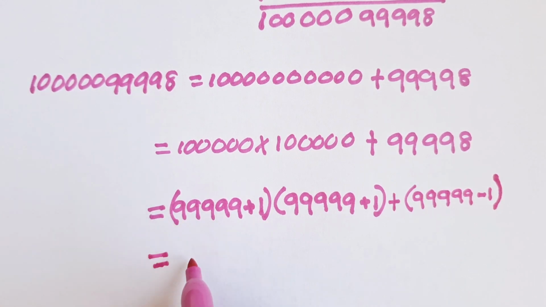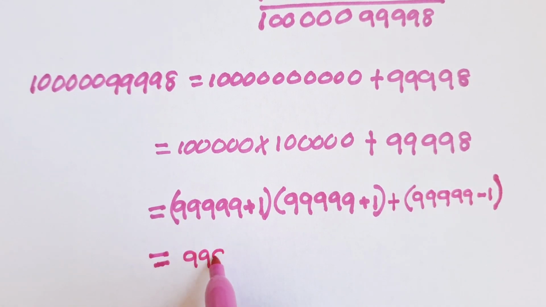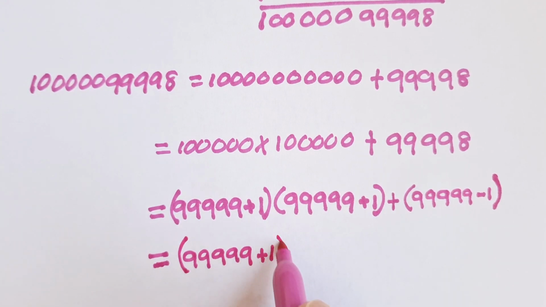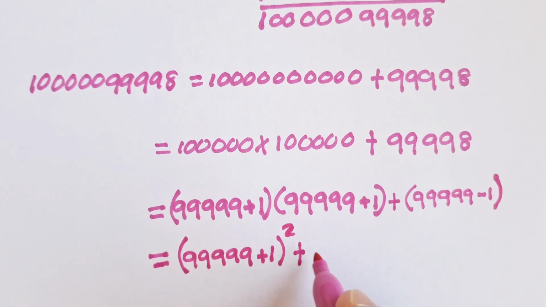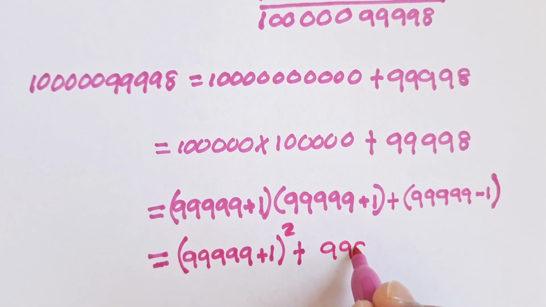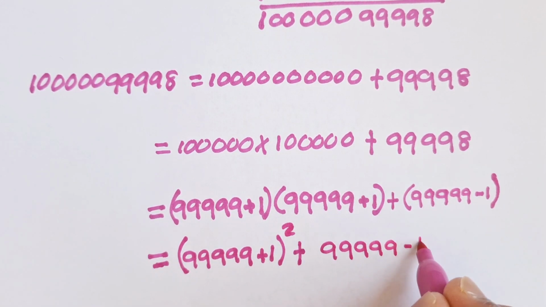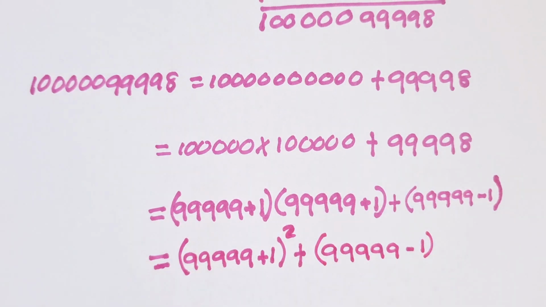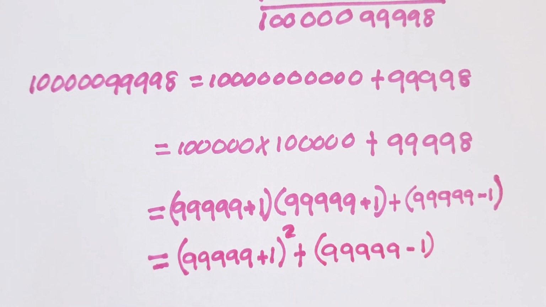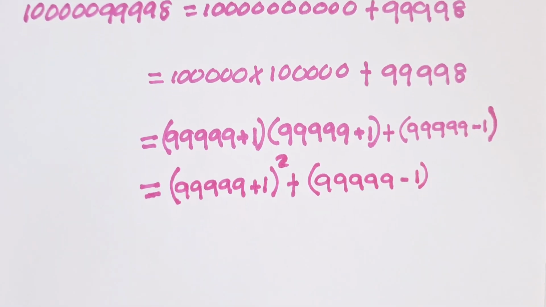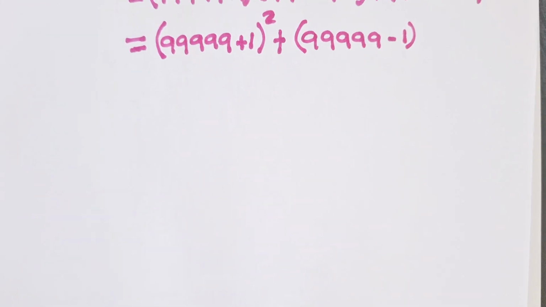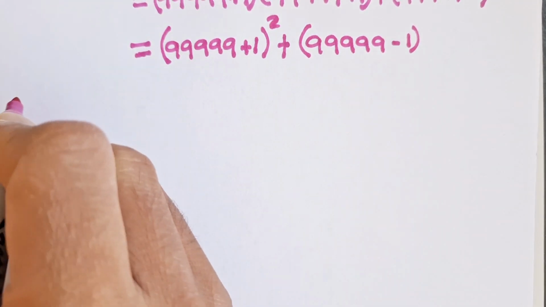So then it can be written as (99,999 plus 1) whole squared plus 99,999 minus 1. So our specific number can be written in this way.